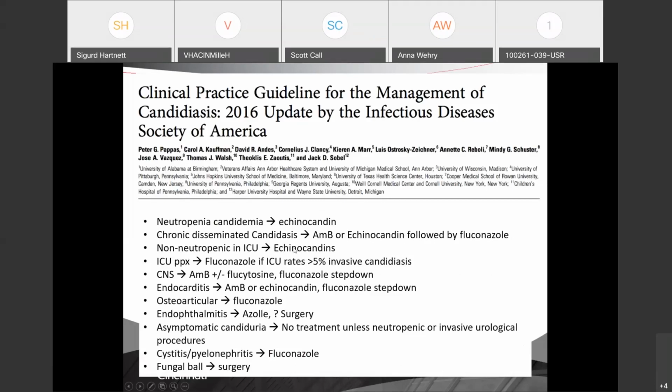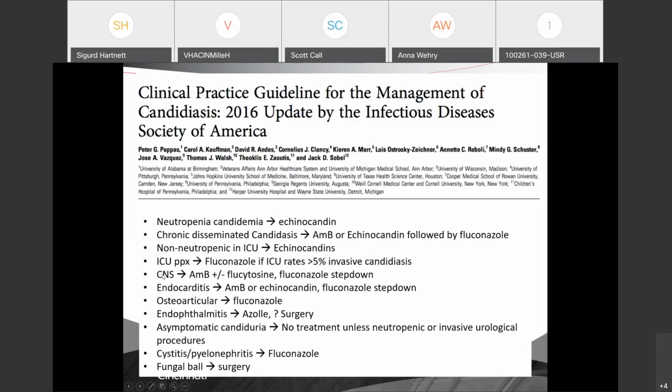Non-neutropenic or in the ICU, you think about echinocandins. If your ICU rate of invasive candidiasis is greater than 5%, you want to do fluconazole prophylaxis. As far as I'm aware, our rate is not that high at UC, and so we are not doing fluconazole prophylaxis. But depending on where you go, you probably want to know that rate to know if you need to give prophylaxis.